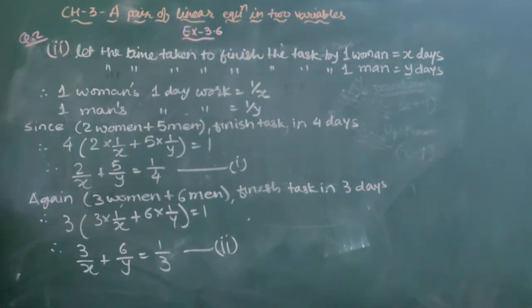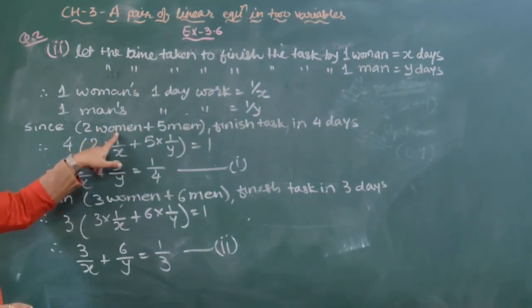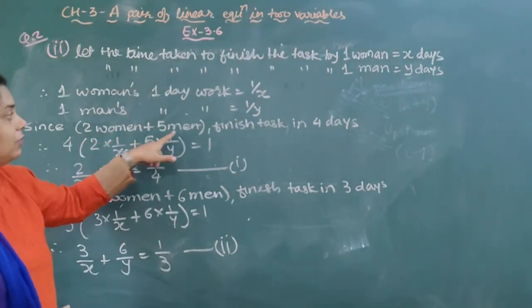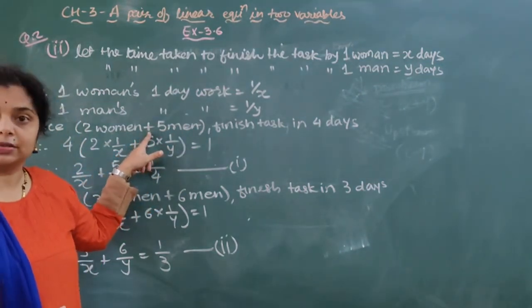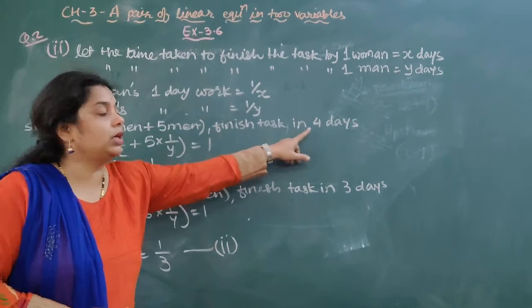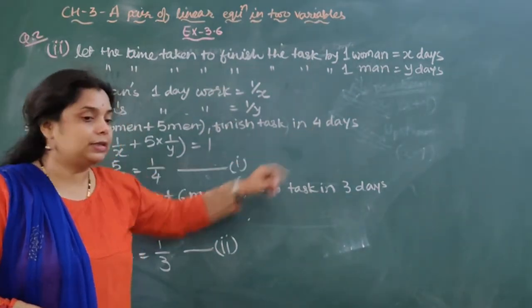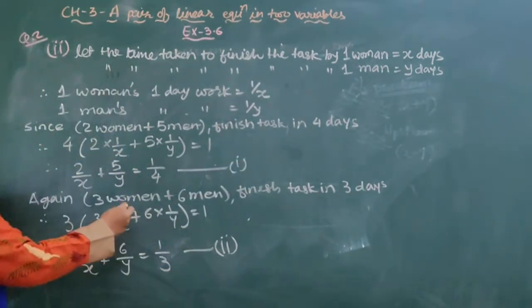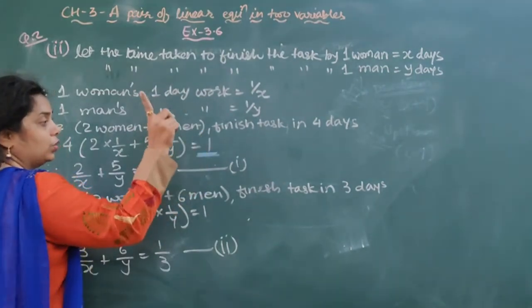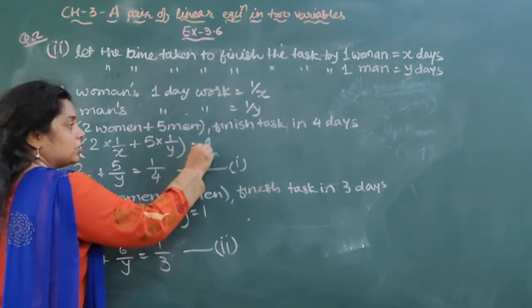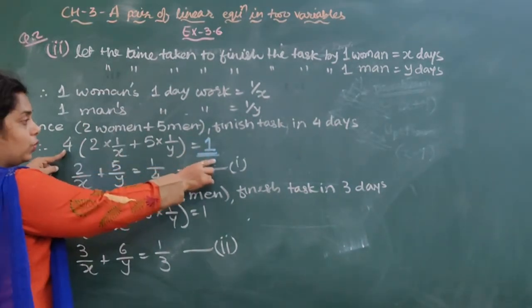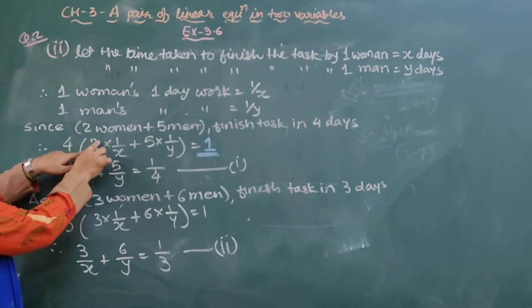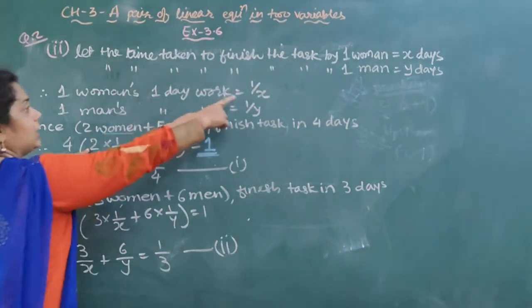Okay, now let's go to the condition. In the first line it is given that 2 women plus 5 men finish together, therefore I have written plus, together finish the work in 4 days. Here you have to keep in mind that there is one work only. That work is the embroidery work and therefore it is equal to 1. So for 2 women, what is one woman's work? 1 by x.